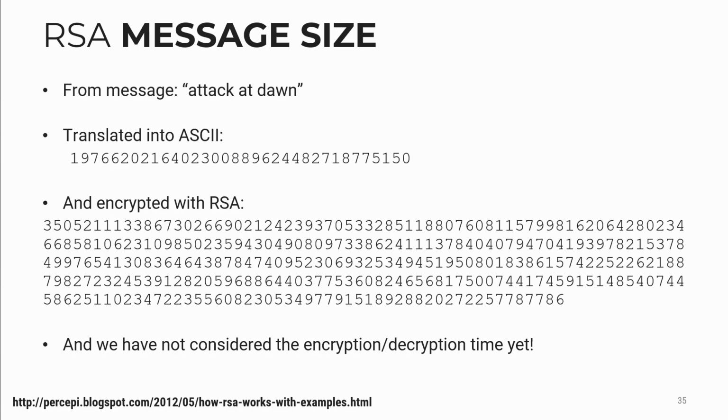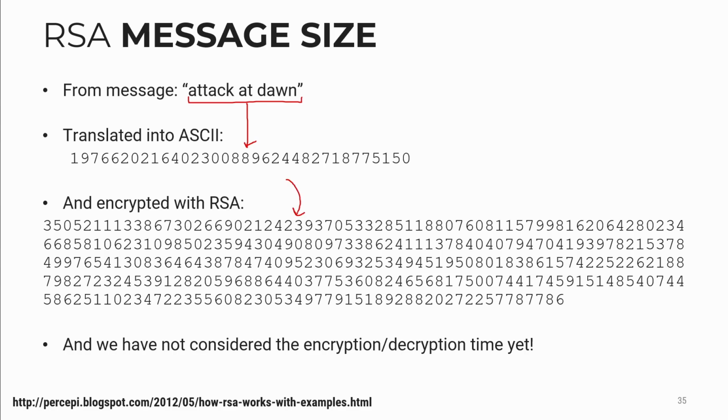This example, I took it from the website down here. It encodes the message "attack at dawn" using RSA. First, you translate this into ASCII code, resulting in this line right here. But once you apply RSA to this little code right here, you're going to have this message.